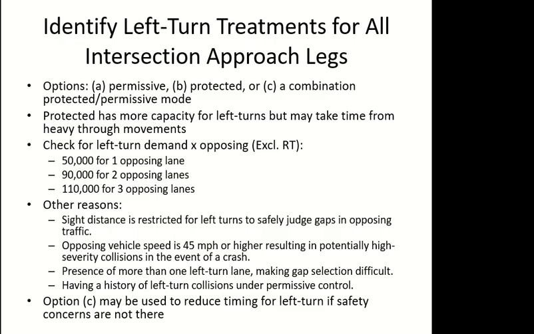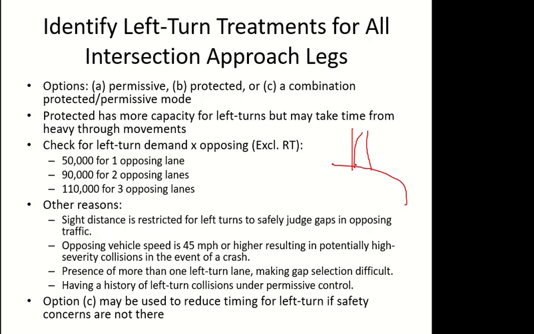So what are the conditions? You have three conditions depending upon the number of opposing lanes. If I'm talking about this left turning, then the opposing lanes are these. If you have one opposing lane, you multiply the left turning volume by the opposing straight volume. A right turning volume will not be counted in this multiplication.